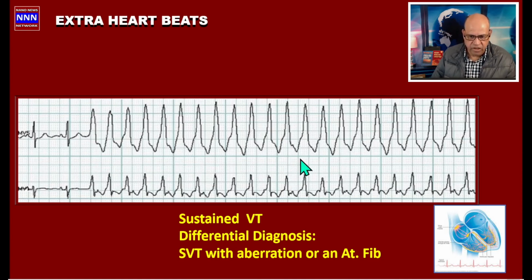And whenever we see this, again, we need to think about the possibility of a supraventricular tachycardia with aberration. It can happen in patients with PAT when they have an underlying bundle branch block. It may look like a ventricular tachycardia.